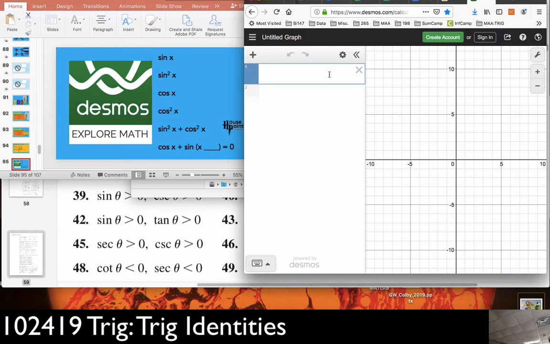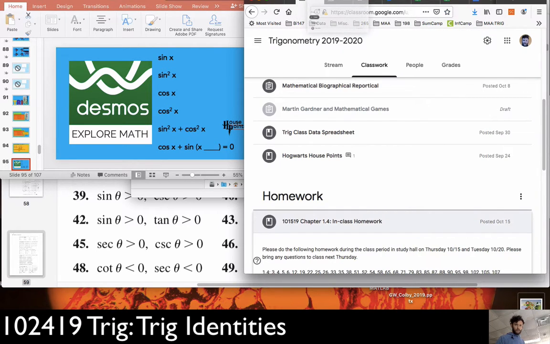Yeah, and just make sure that it's on Radians. It should be. Okay. Now I'd like you to type in sine x.